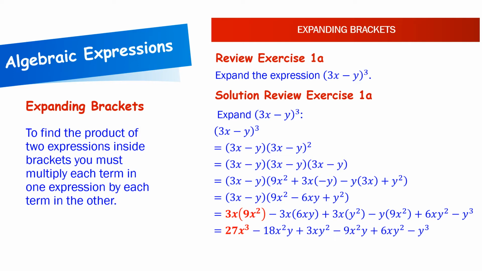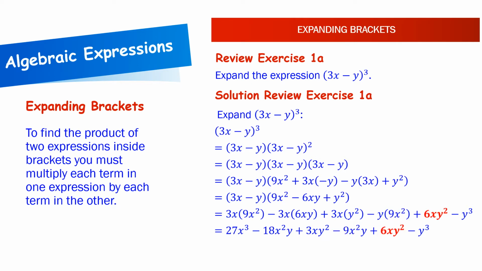And then tidying up gives us 27x cubed, minus 18x squared y, plus 3xy squared, which is left as it is, minus 9x squared y, plus 6xy squared, and minus y cubed.